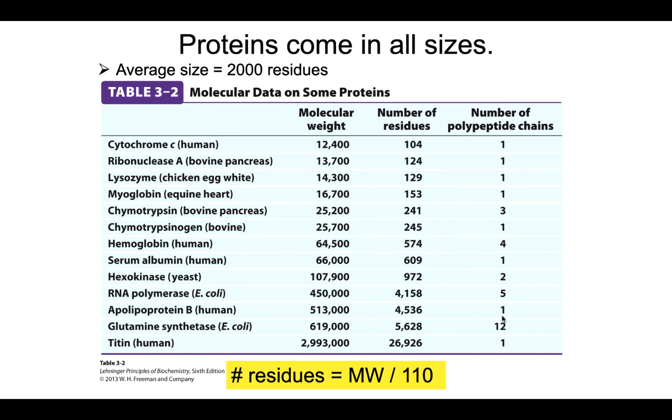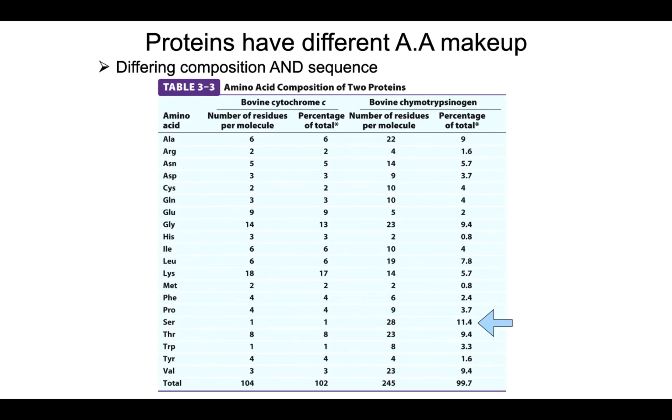If you want to get a general idea of how many amino acids or how many residues are in a protein, take the molecular weight of that protein, divide it by 110. 110 is about the average molecular weight of an amino acid. Proteins have different amino acid makeup. So there's nothing to say that every protein must be 10% glycine.